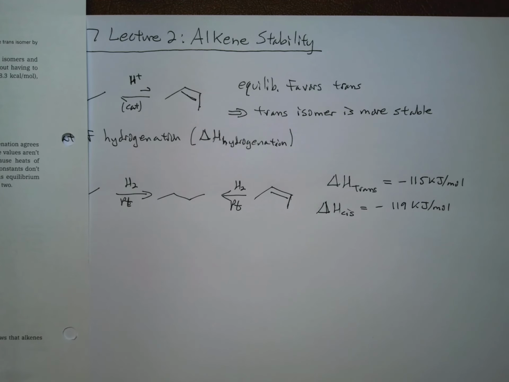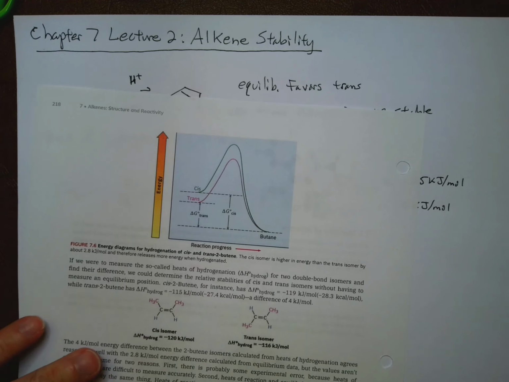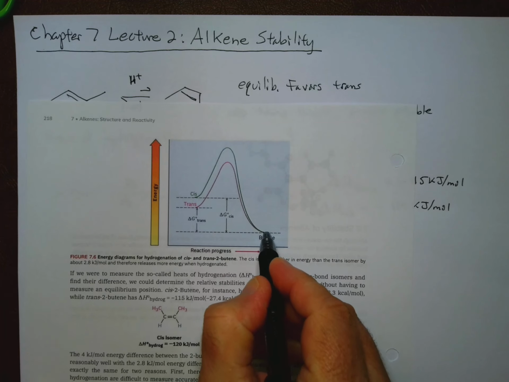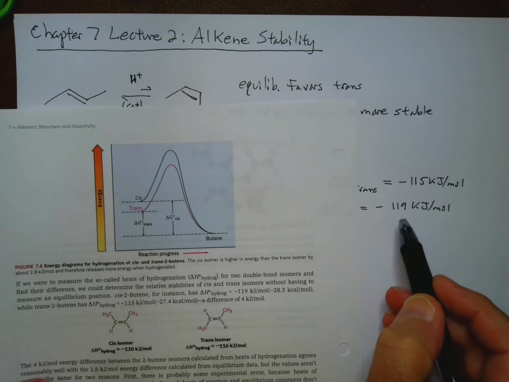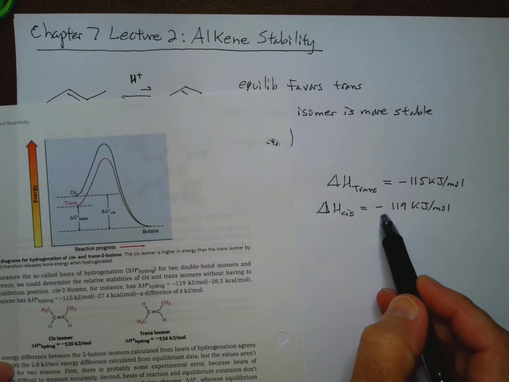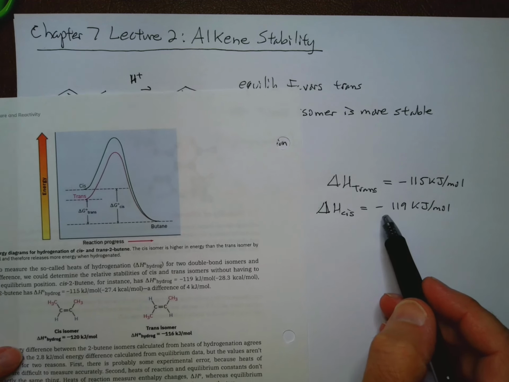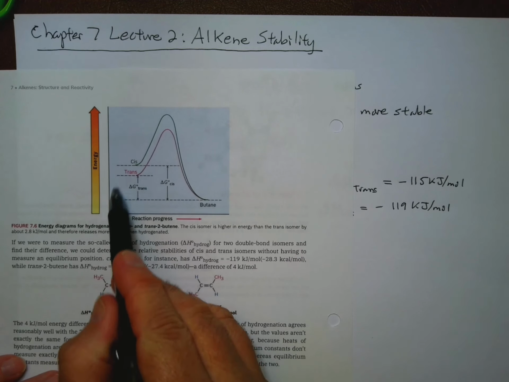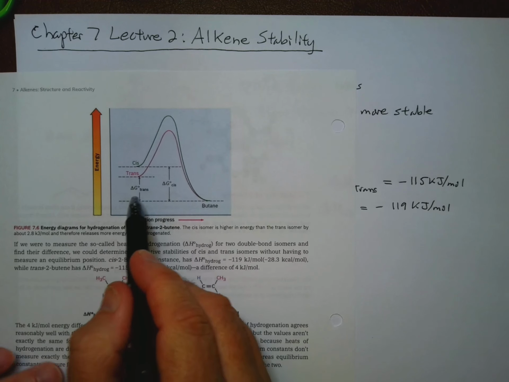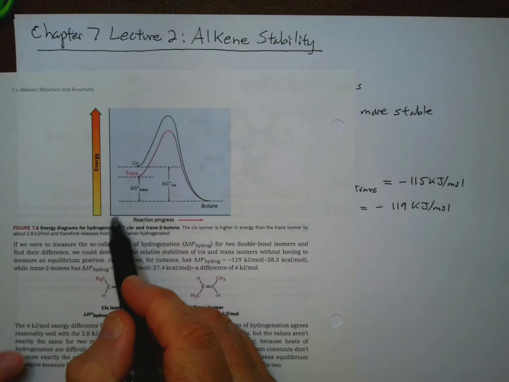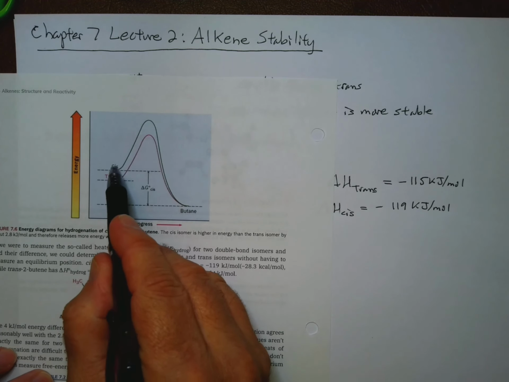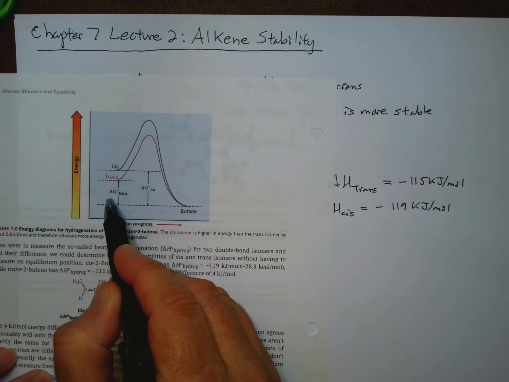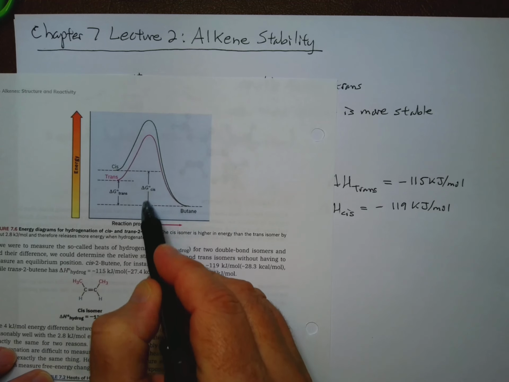So what that means is that if we were to look at a reaction progress diagram, we're ending up at the same place, butane. But we have a larger negative delta H, which is not quite the same as delta G, but it's usually pretty close. So on this reaction progress diagram, we're calling it delta G. The cis is higher in energy, so when it gets hydrogenated, more energy is released.